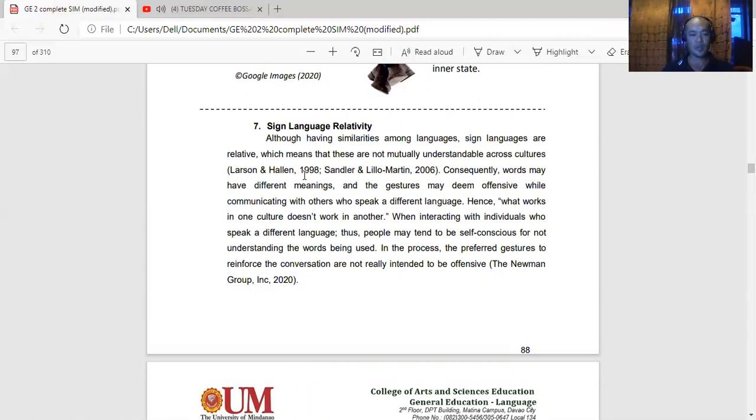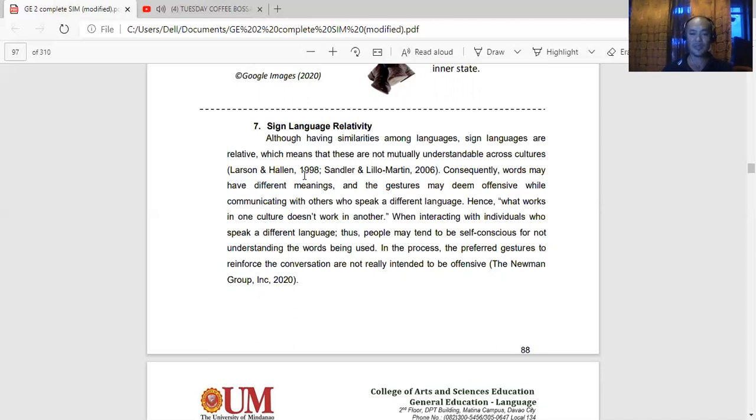Hence, what works in one culture doesn't work in another when interacting with individuals who speak a different language. Thus, people may tend to be self-conscious for not understanding the words being used. In the process, the preferred gestures to reinforce the conversation are not really intended to be offensive.